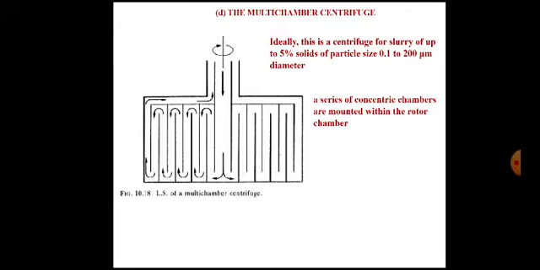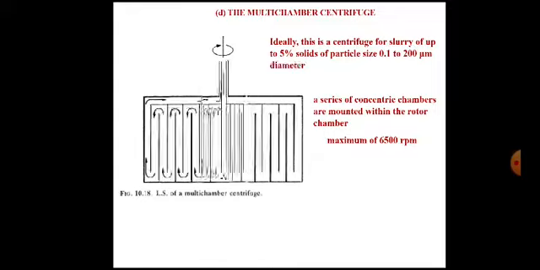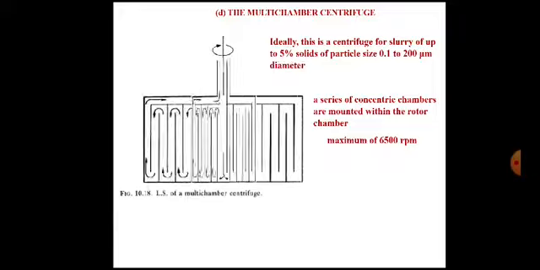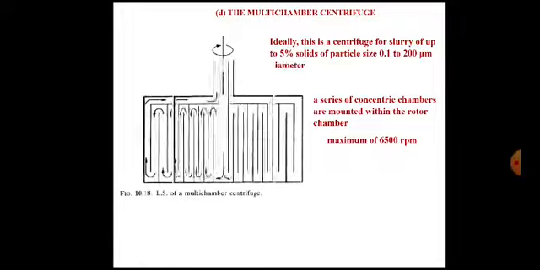It consists of a series of concentric stainless steel chambers, and these are mounted within the rotor chamber. The maximum speed of operation is 6,500 rotations per minute, and it rotates like this.